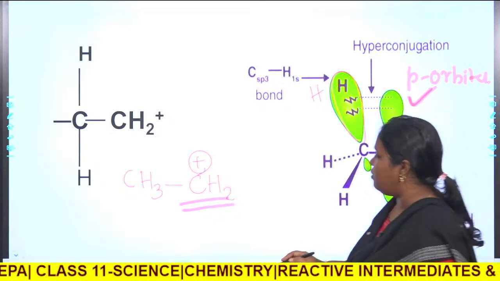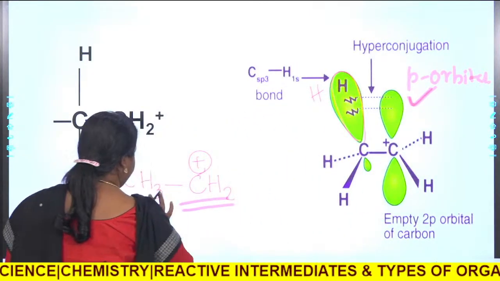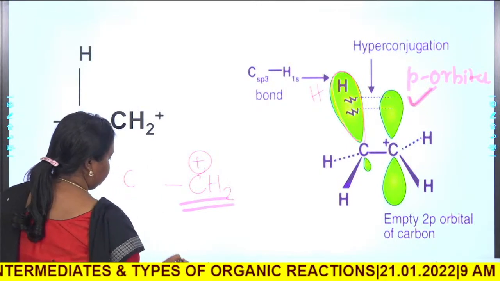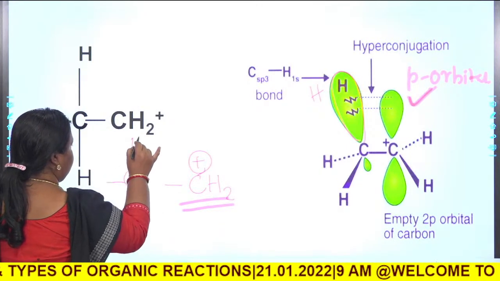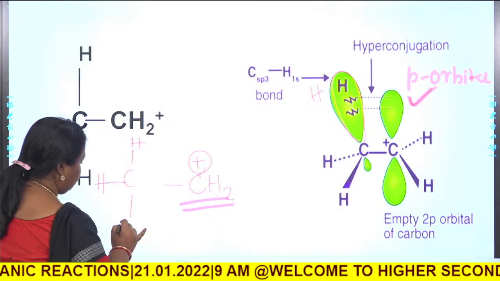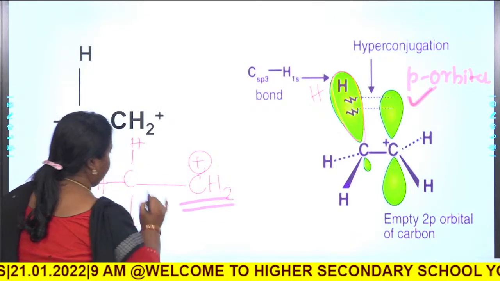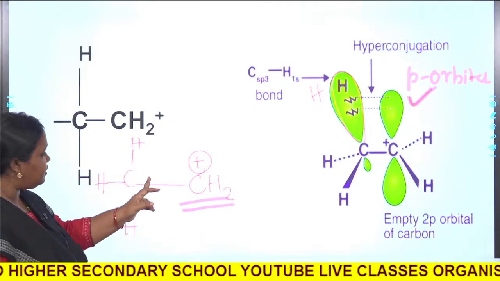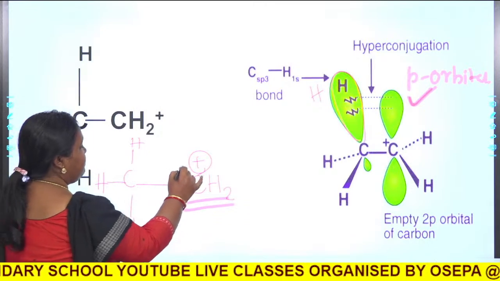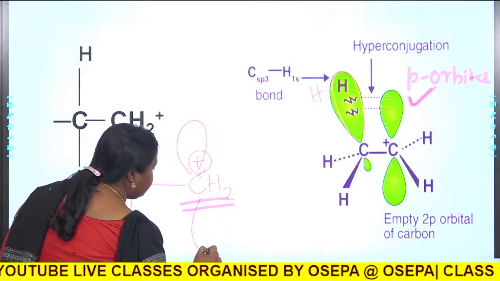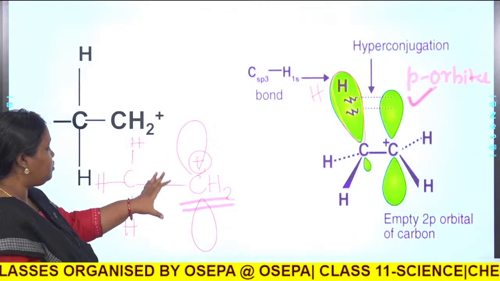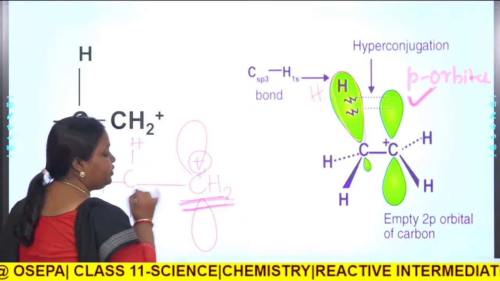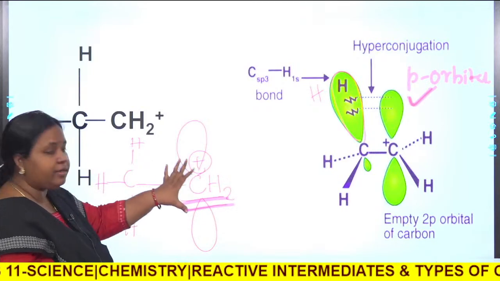Three carbon-hydrogen sigma bonds are present, and there is a vacant p orbital on this CH2. So this positive carbon is actually deficient in electrons.